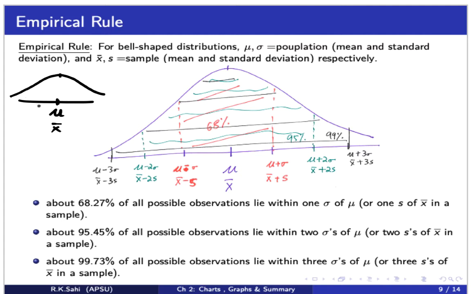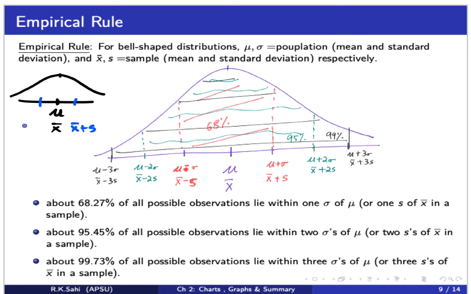So the empirical rule says that one standard deviation on either side of the mean, so when I am on either side of the mean, one standard deviation. On the left, it is represented by mu minus sigma. On the right, it is mu plus sigma, or I can say it is x bar plus s.